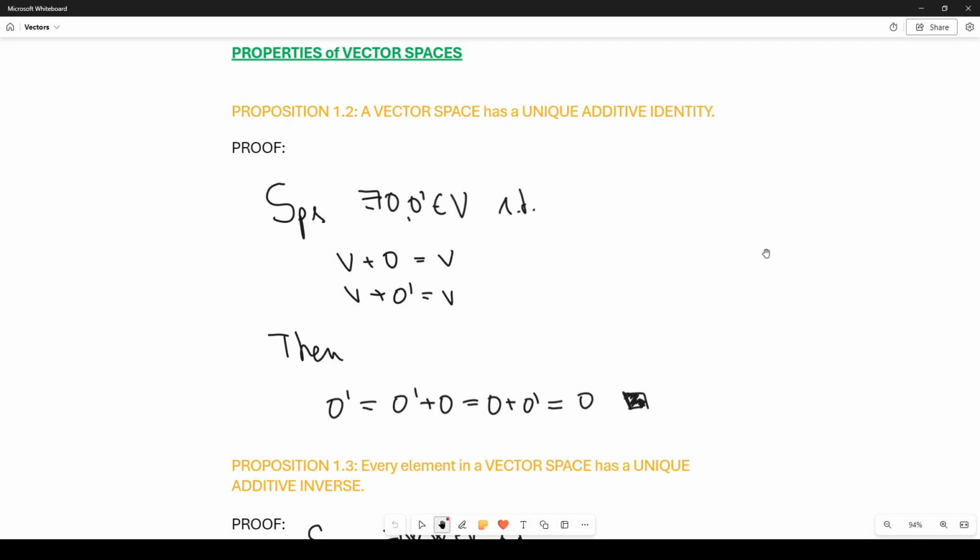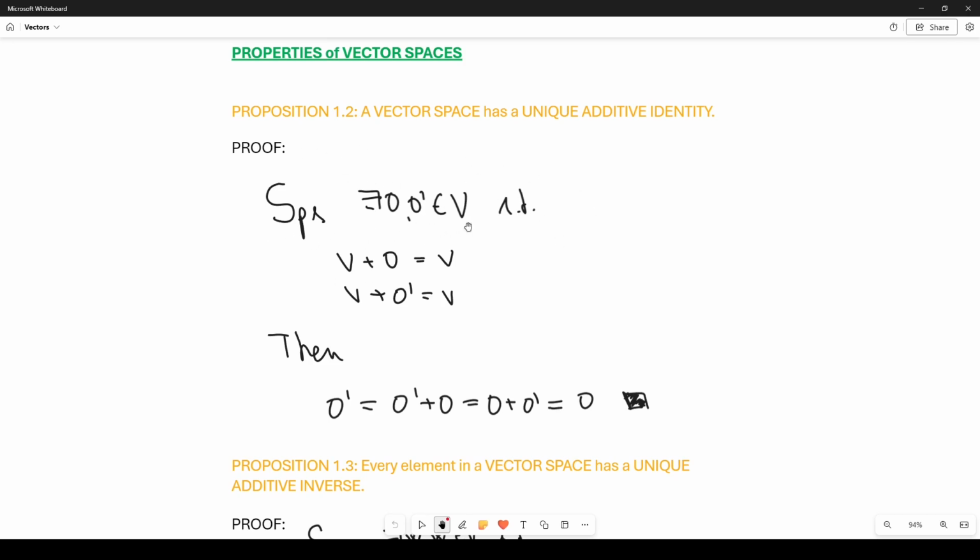Now that we've gotten the definition of a vector space out of the way, we can prove some properties that vector spaces have. So for example, a vector space has a unique additive identity. In the definition, we only stated that a vector space needs to have an additive identity, but we didn't demand for it to be unique. But it turns out it has to be unique.